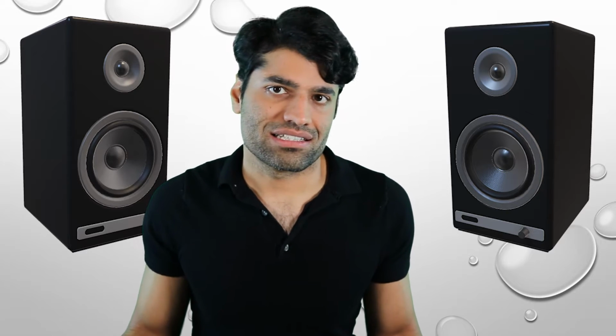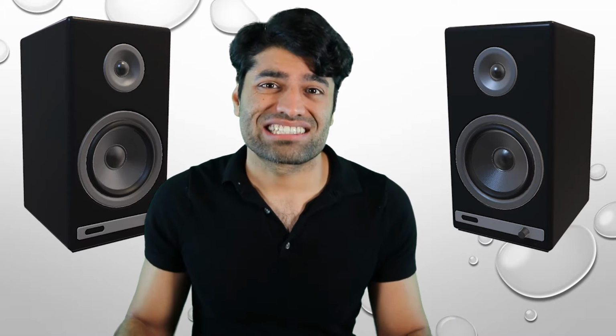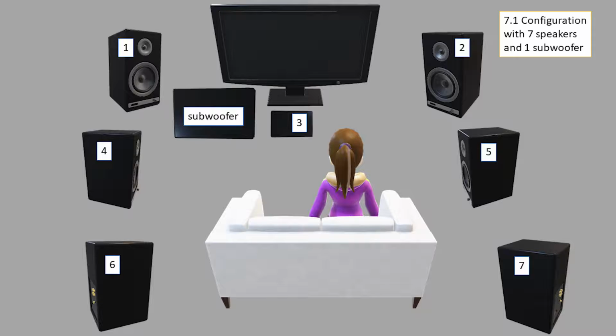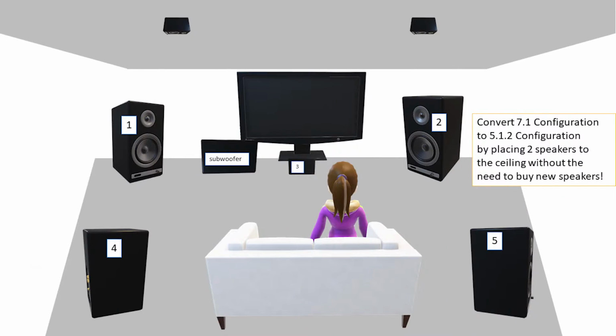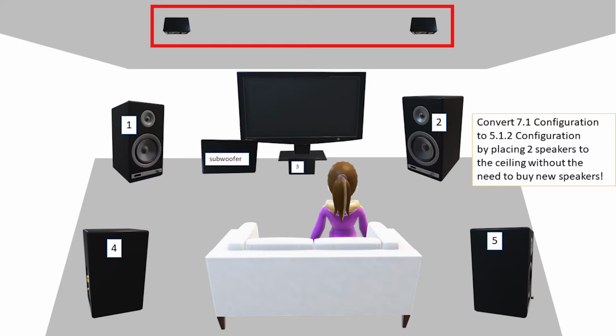So what is a receiver? It basically takes all the signals from various devices and then redistributes them to various different speakers after processing, amplifying and clarifying the audio and video signals. But you could still use your old speakers. For example, you could convert your 7.1 configuration to Atmos 5.1.2 without buying any new speakers by mounting 2 of your existing speakers to the ceiling.